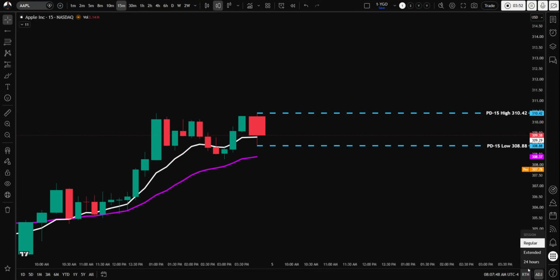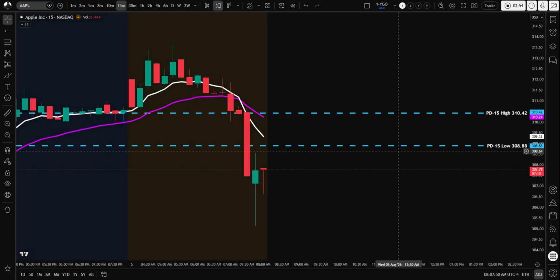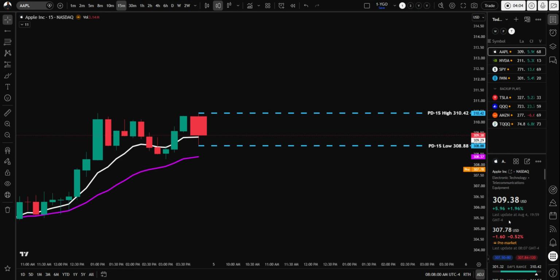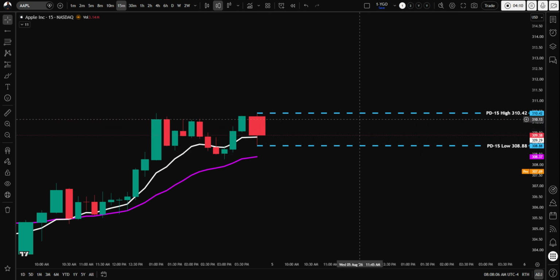We have to go to the extended hours, and right now price is at 307. But honestly, I'd usually take what price ended on yesterday and adjust from there. Yesterday it ended at 309.38, so we can adjust my price targets from that place.